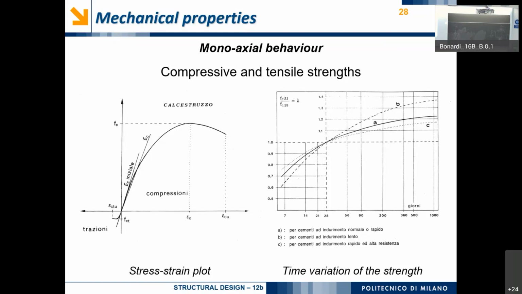So, in fact, concrete is a brittle material, not a ductile one. If this sector had been higher, we would talk about a ductile material. And then this is what happens in tension. This is the initial, yes, correct.